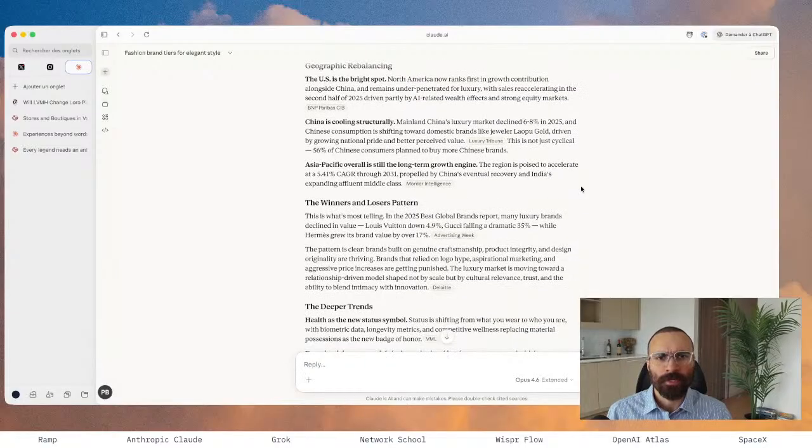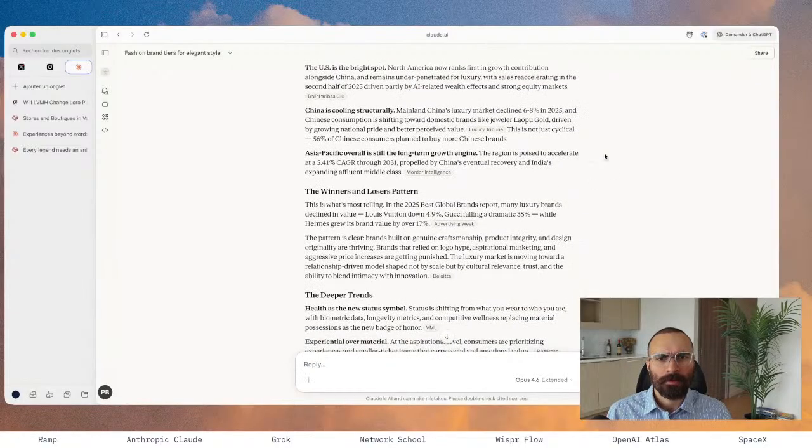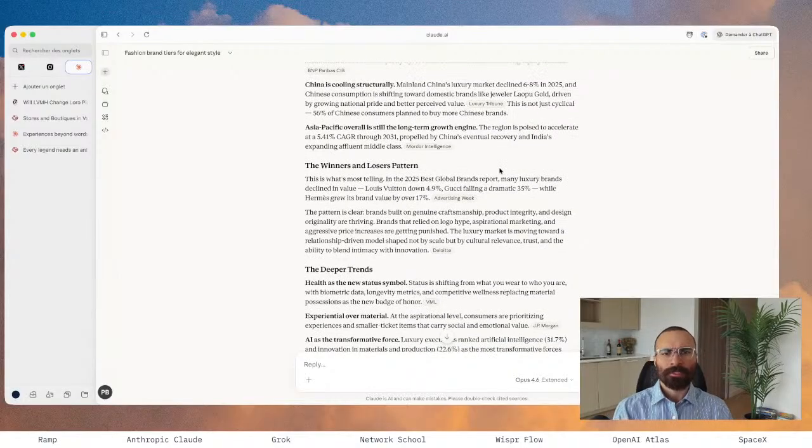China is cooling structurally, with domestic brands like Laopu Gold driven by growing national pride and better perceived value. This is not a cyclical plan to buy more Chinese brands. Asia Pacific overall is still the long-term growth engine. The region is poised to accelerate, propelled by China's eventual recovery and India's expanding affluent middle class.